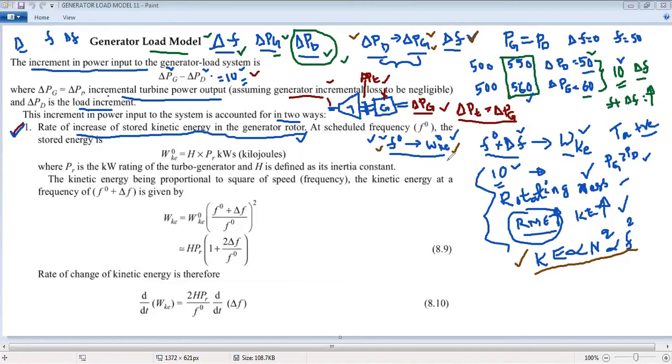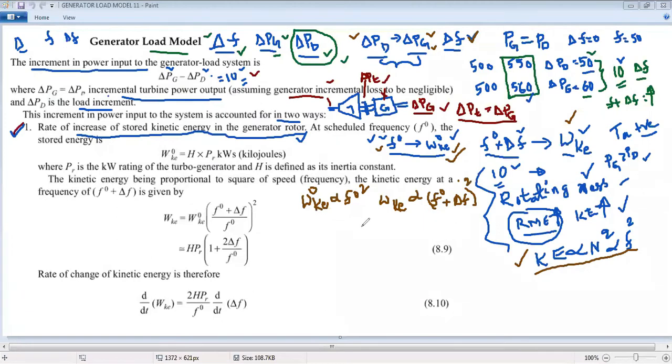At f naught, the kinetic energy is Wke naught. At f naught plus delta f, the kinetic energy is Wke. At f naught, we can write Wke naught proportional to f naught square, and Wke after disturbance proportional to f naught plus delta f whole square.